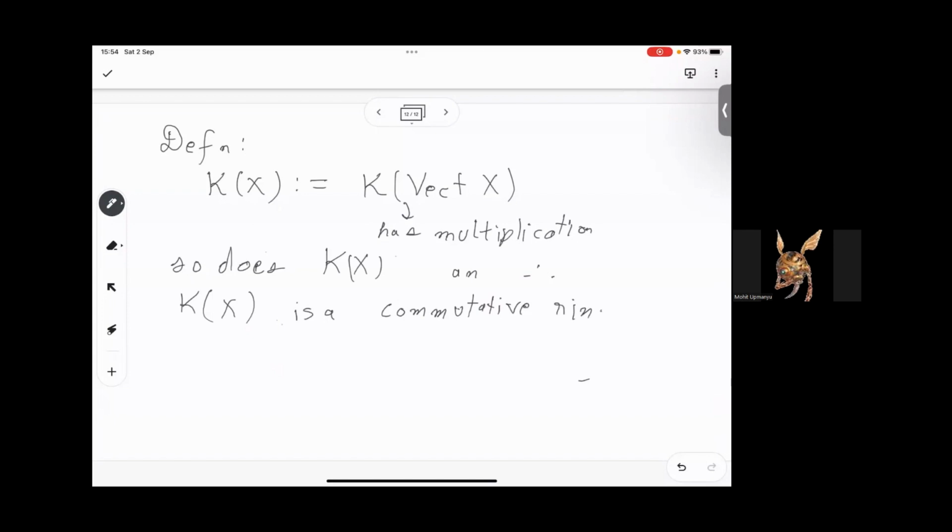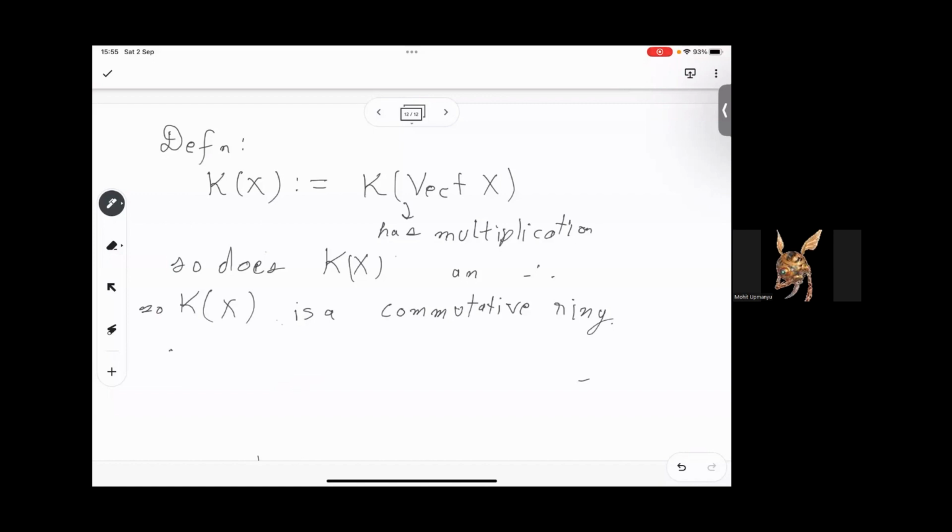The multiplication is commutative because the multiplication on vector bundles is the tensor product, which is also commutative. This is more like an exercise: check that the multiplication of vector bundles descends to it. So anyways, let's finish this.